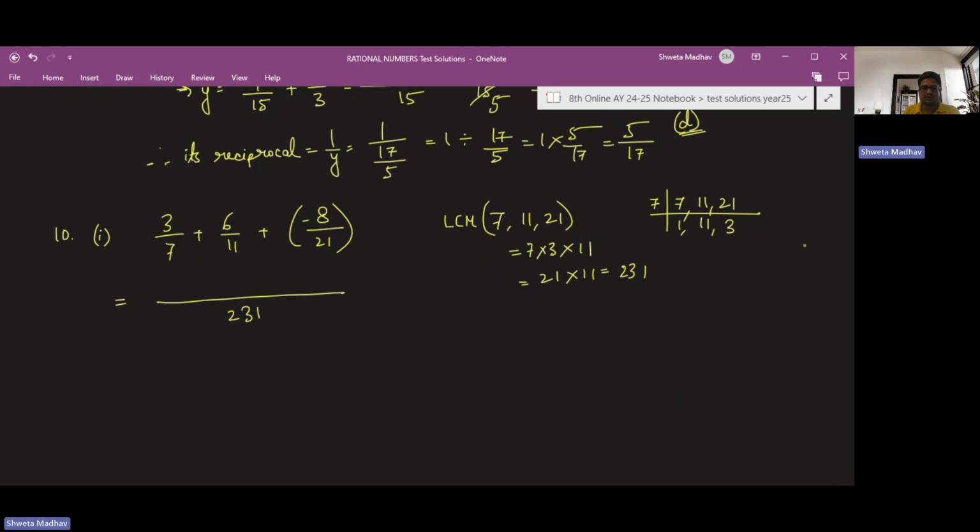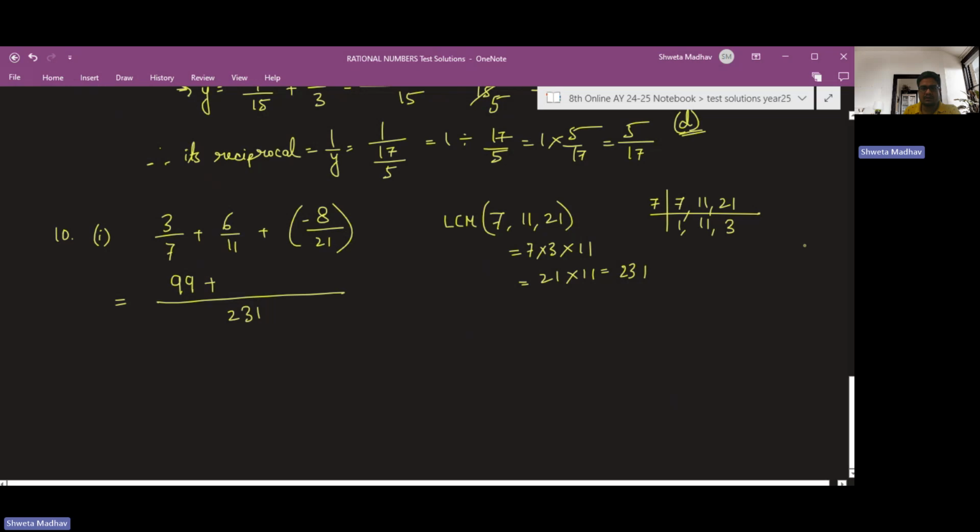Why do we have to convert all of them into like fractions? Means their denominator should be kept the same. So 7 into 33 is 231, so 33 into 3, that is 99.